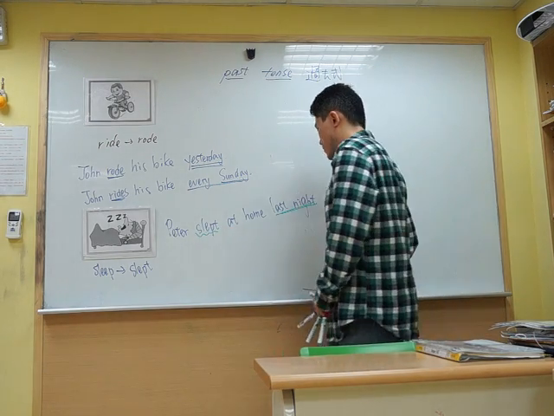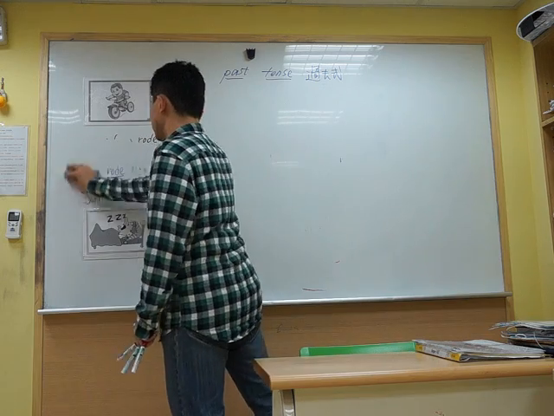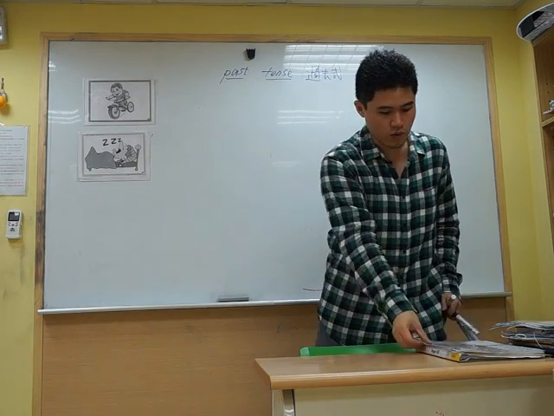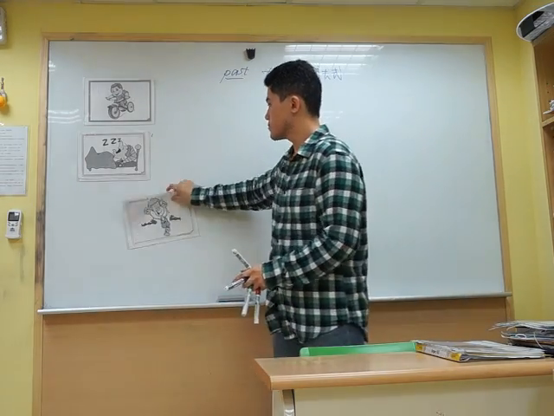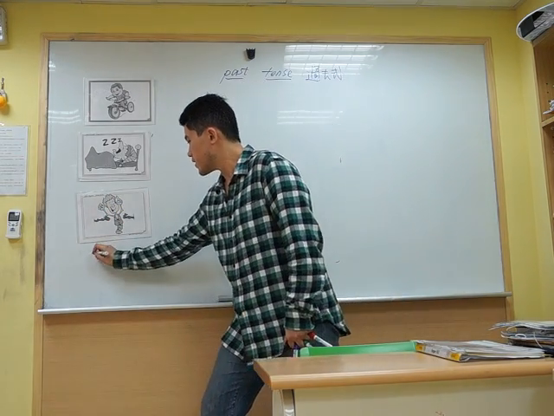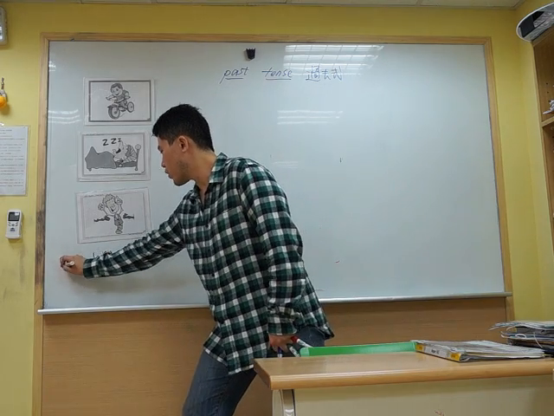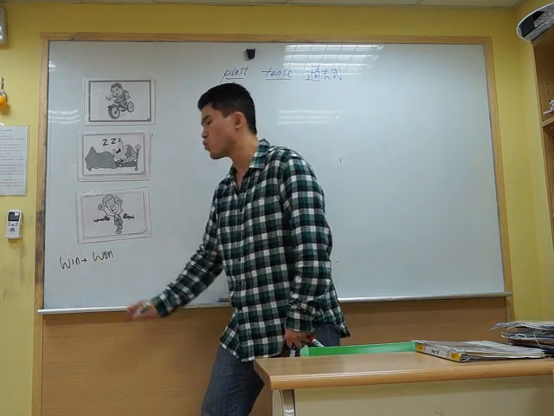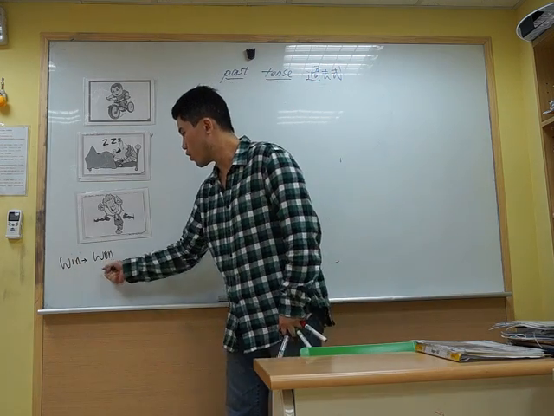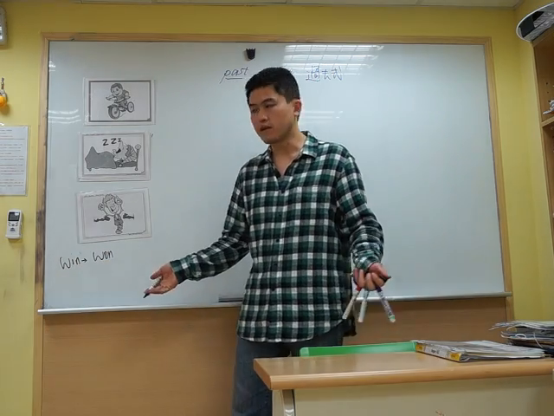Let's look at the next one. The next one is this. Oh look, what did he win? He won something. So win, the past tense is won. Win, won. What can you win?